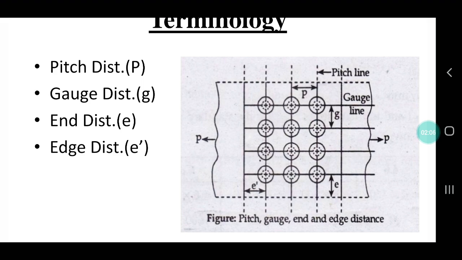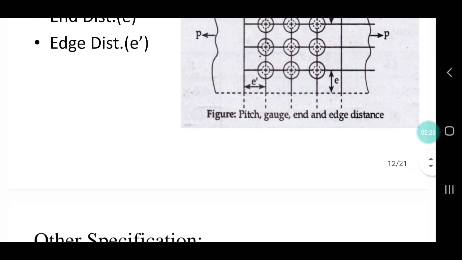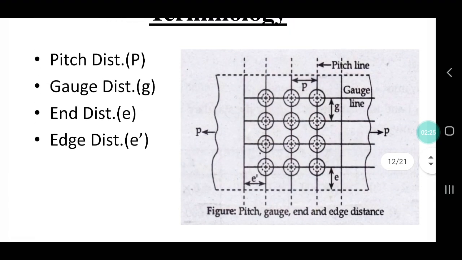The notation for the pitch distance is P, for the gauge distance G, for end distance it is E, and for edge distance it is E dash. What is meant by pitch distance? It is the distance from center to center of a bolt in the direction of applied force.